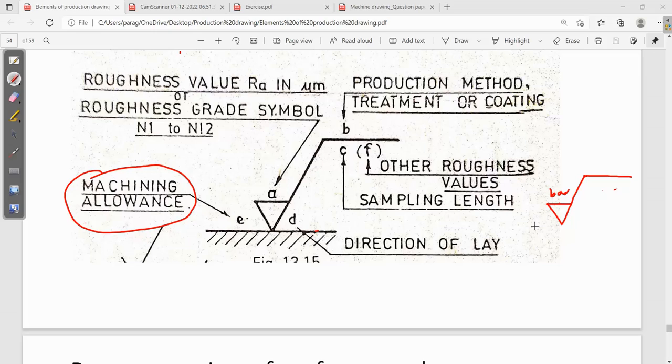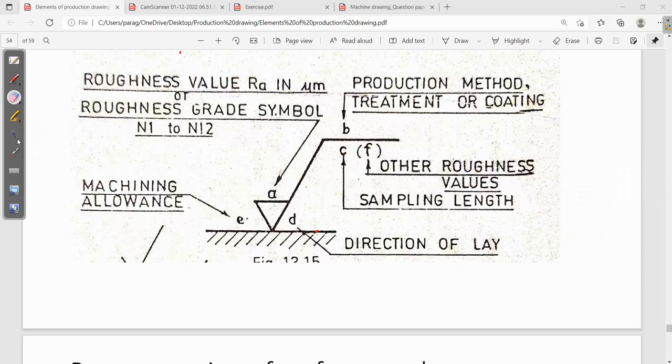What is most important is the machining allowance. Always we mention it here as 3.5, any value you can mention. Here it is 3.5 and these values are in mm. Here the roughness value is in micrometer, and sampling length will also always be in mm.